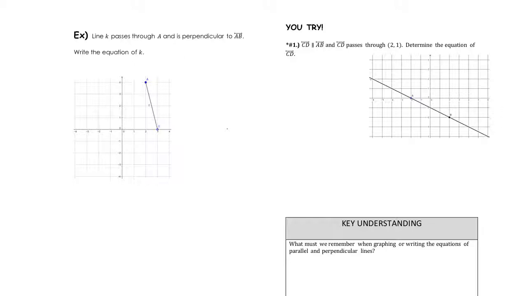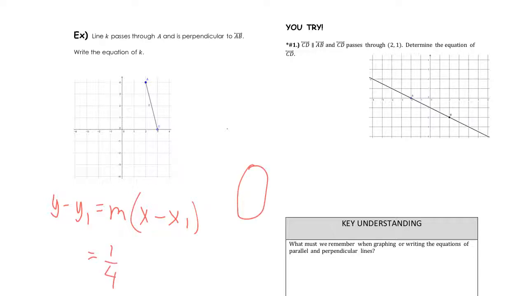So now that I have my perpendicular slope 1/4, I know I want to create a new equation. So I'm going to do this in red. And the equation for a line in point slope form is y minus y1 equals slope times x minus x1. I know my slope is 1/4 for this line.